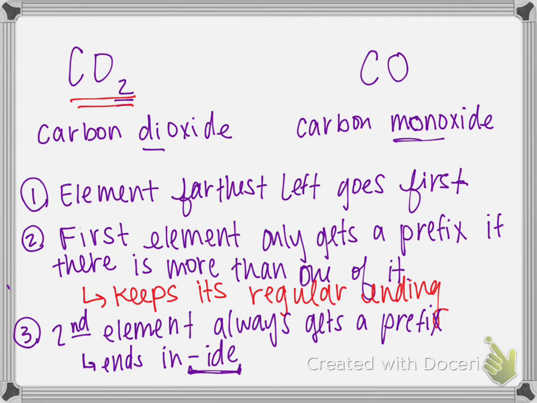Okay, so those are our rules for naming covalent compounds. The first element keeps its true elemental ending. The second one ends in IDE. The first one only gets a prefix if there's more than one. And the second one always gets a prefix.